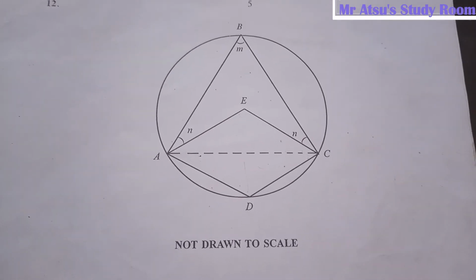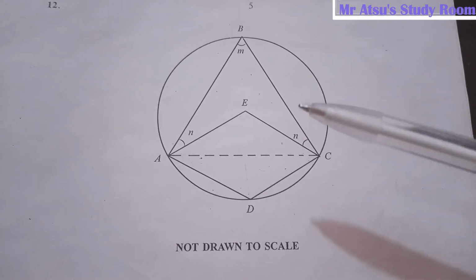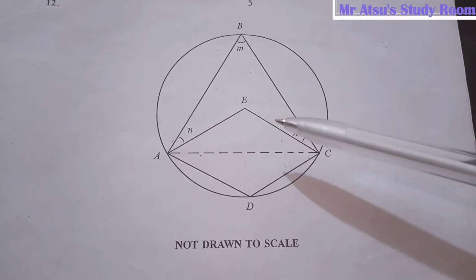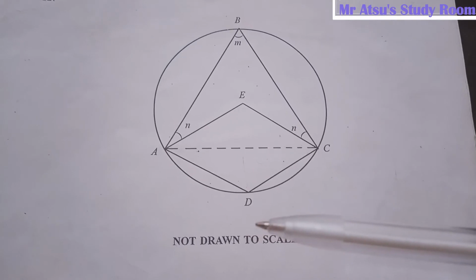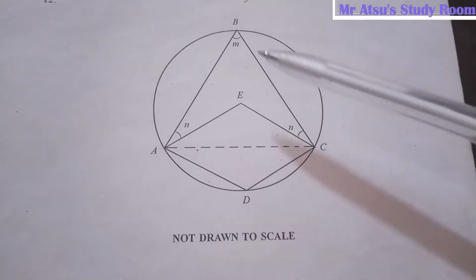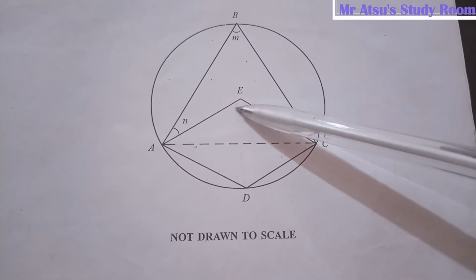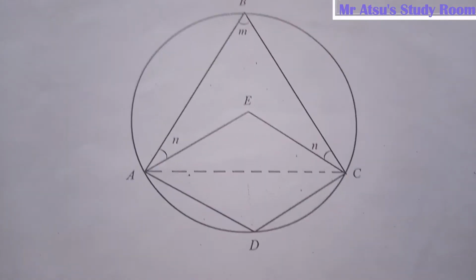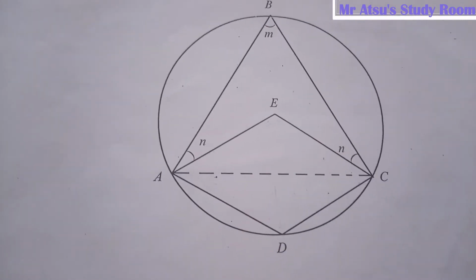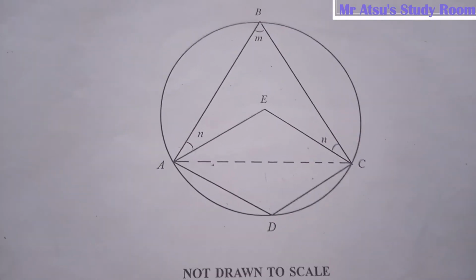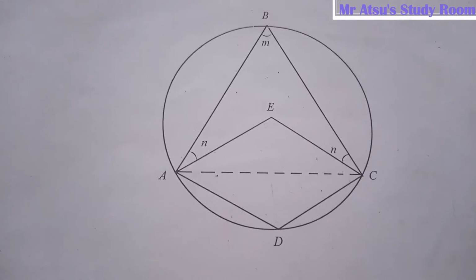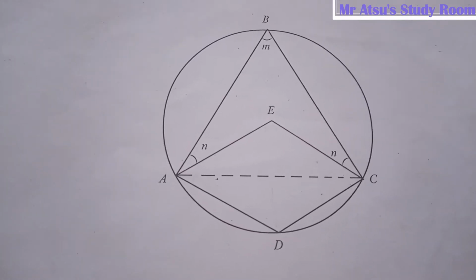Applying the theorem which talks about a chord subtending an angle at the center and the same chord subtending an angle at the circumference, we can conclude that if here is m, then here will be 2m. Let's come back to our diagram. We can also apply the theorem which involves the cyclic quadrilateral.